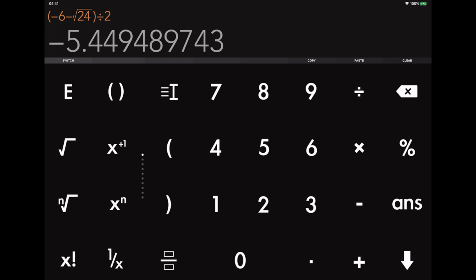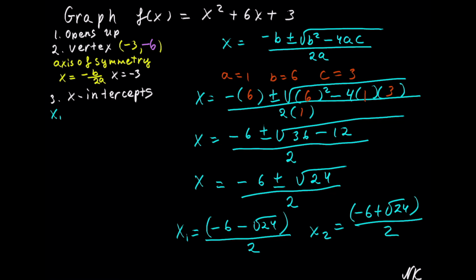This is equal to negative 5.449489743. Let's round this to one decimal place. x1 is about negative 5.5. We just need one decimal place to know where to place this on the x-axis, because x-intercepts happen when y is 0. So the first x-intercept is negative 5.5, 0.